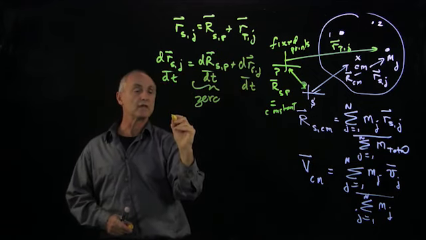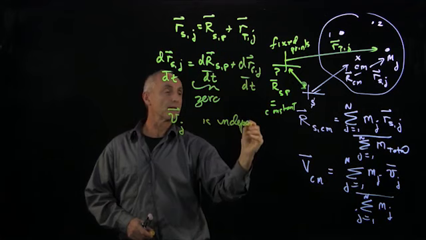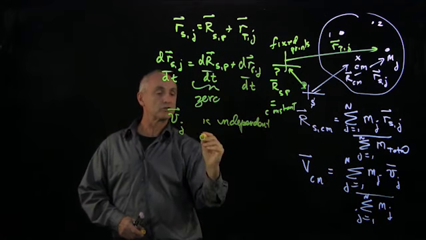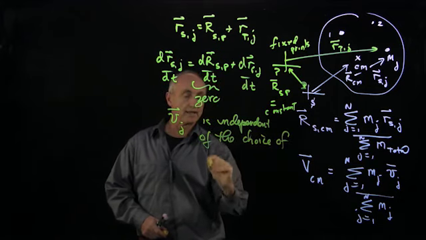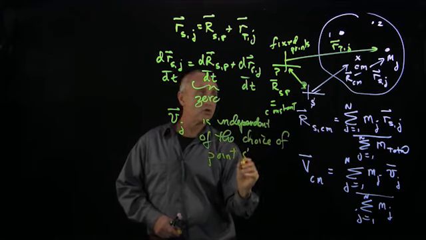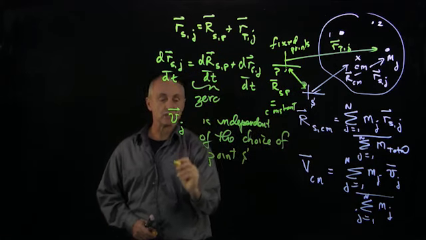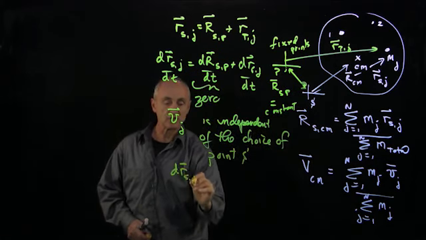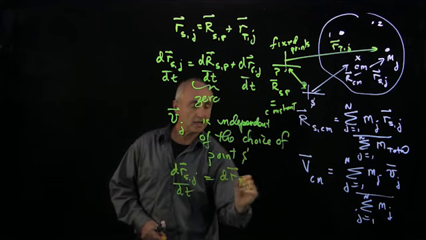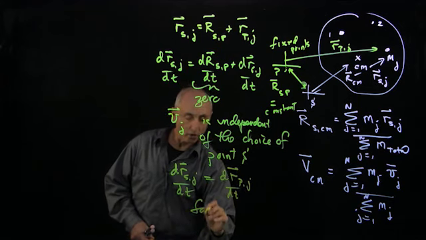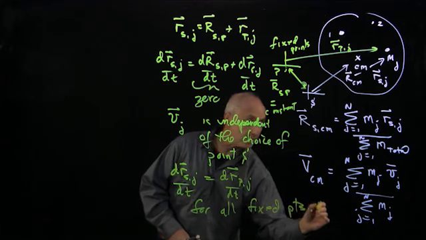And so we see that the velocity of j is independent of the choice of point S. You choose any other fixed point, and you get that these velocities, dr_sj/dt equals dr_pj/dt, for all fixed points p.